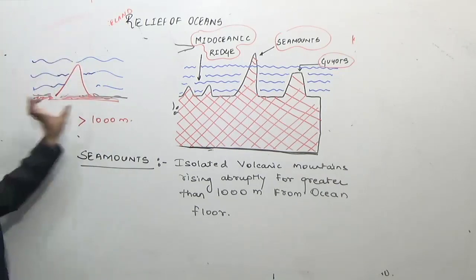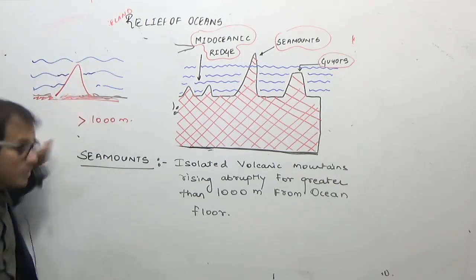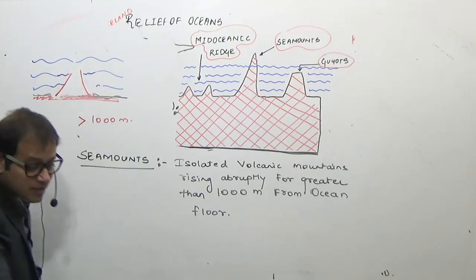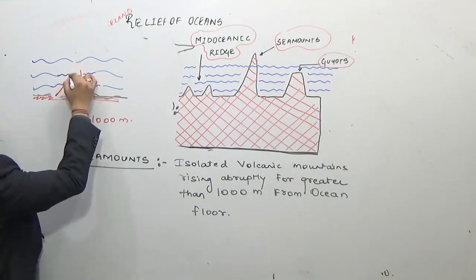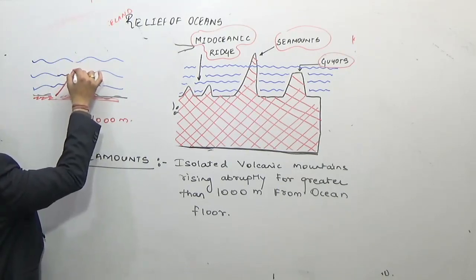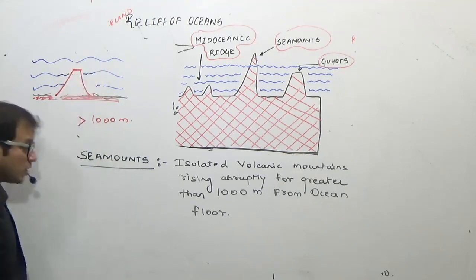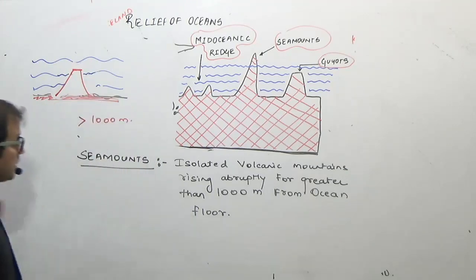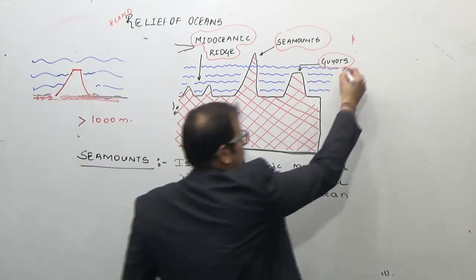The narrow top or the wide base? Obviously, the narrower top will be eroded, and over a period of time, because of erosion, this seamount will become flat. So the flat-topped seamounts are known as guyots. So what is a guyot?